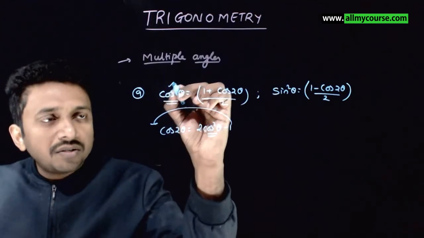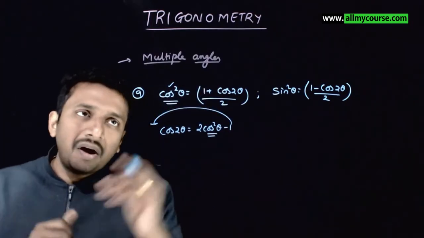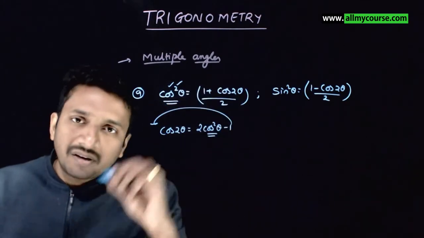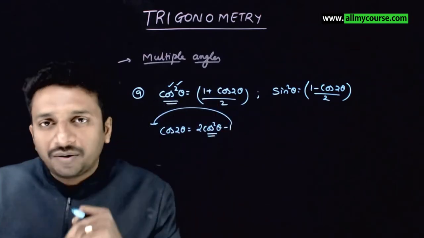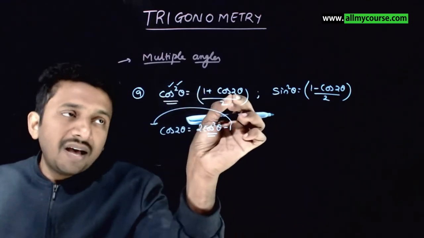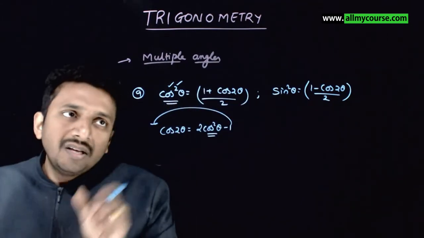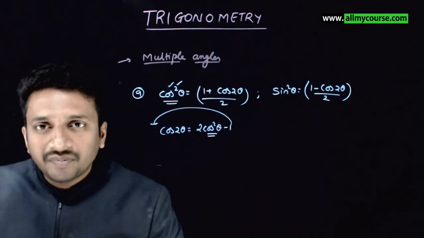Whenever you have cos square theta, if you want to convert them into 2 thetas, or reduce the power, you can write it as 1 plus cos 2 theta by 2. Here you have the power as 2, here you have the argument as 2.